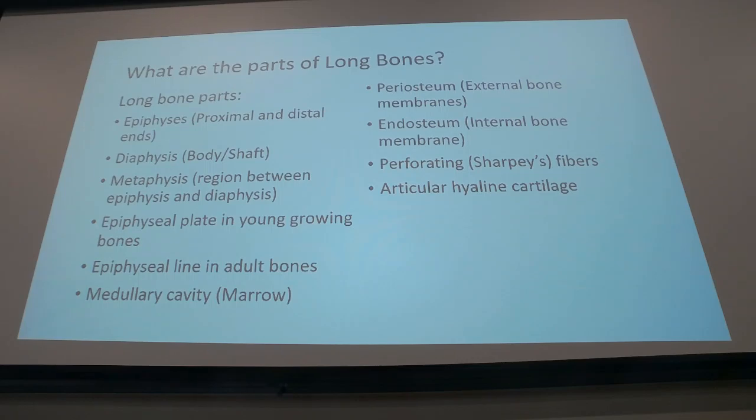So you have osteoclasts, you have osteoblasts. Now, something that varies depending on where you have this membrane is the type of cells that you have in more abundance.